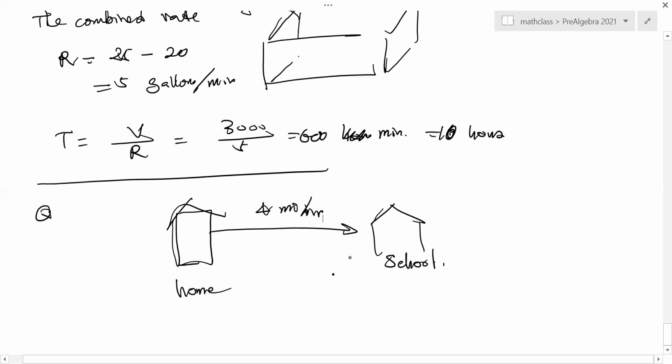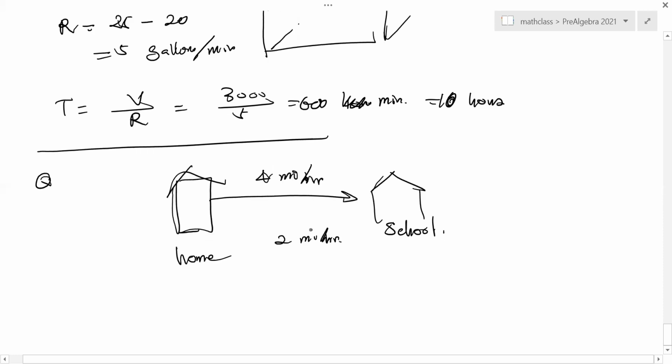You get the book and you walk back, slowed down, at 2 miles per hour. Can we find the average speed for this round trip?